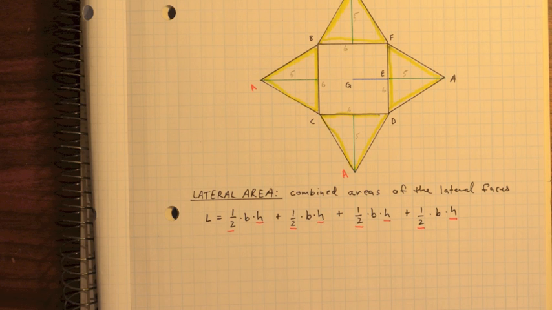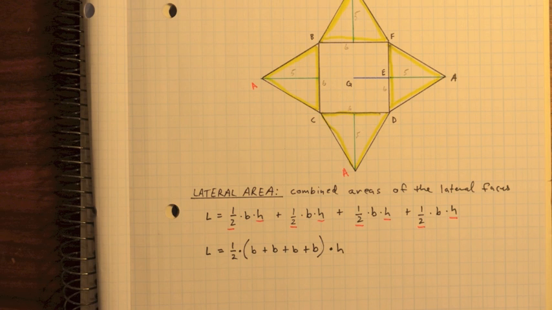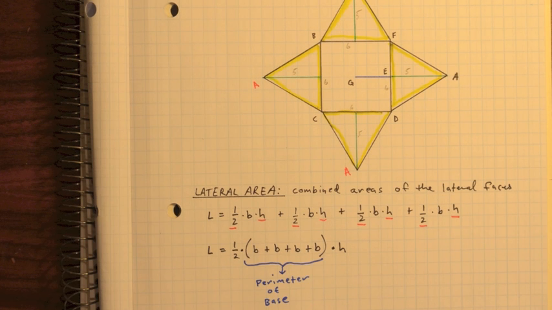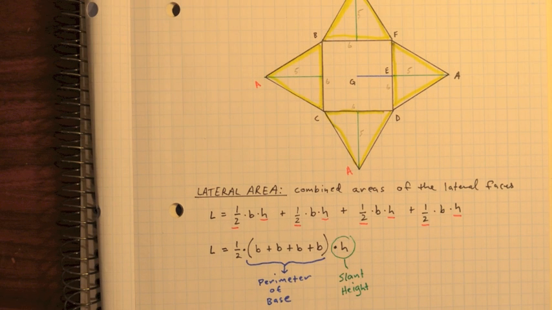And so if we do a bit of factoring, we factor out 1/2, we factor out the slant height, in other words, h of the triangles, and we see that we've got the perimeter of the base. Now, once again, remember, h in this equation refers to the height of a triangle. The height of the triangle coincides with the slant height of the pyramid.